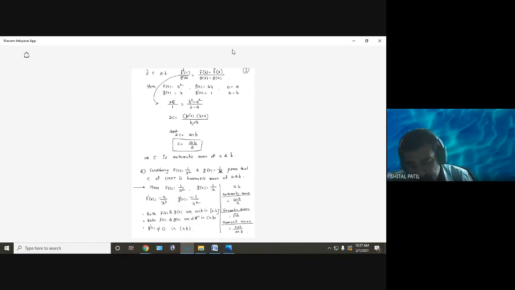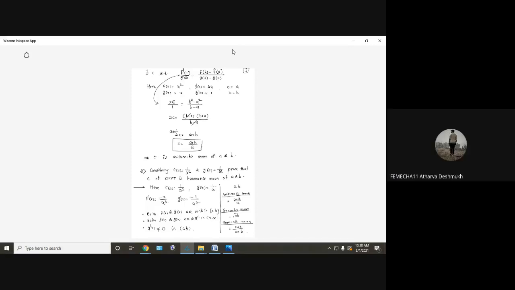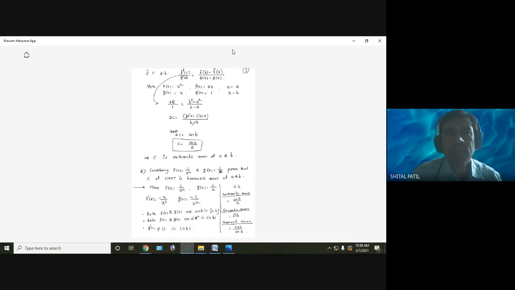If you write A, B, C, it will be different. So just don't find conclusion from A and B only. Harmonic mean is 1 upon A plus 1 upon B. He was talking about that other mean you told. Google it. Okay.